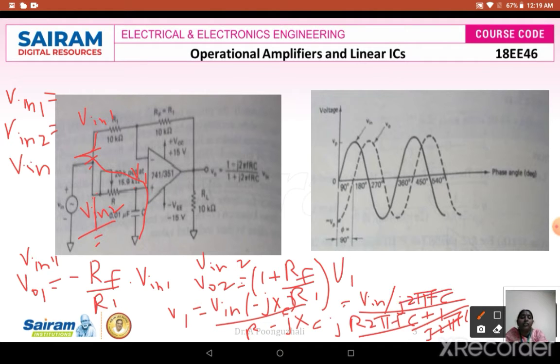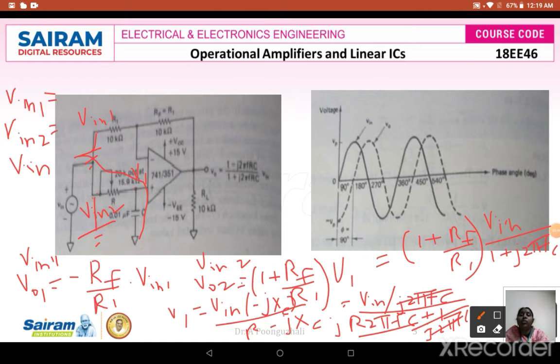This j 2 pi Fc and this j 2 pi Fc get cancelled. So my Vin is equal to this one. So I can write my expression as 1 plus Rf by R1 into your Vin divided by 1 plus j into 2 pi F into C. So my F into C is there.